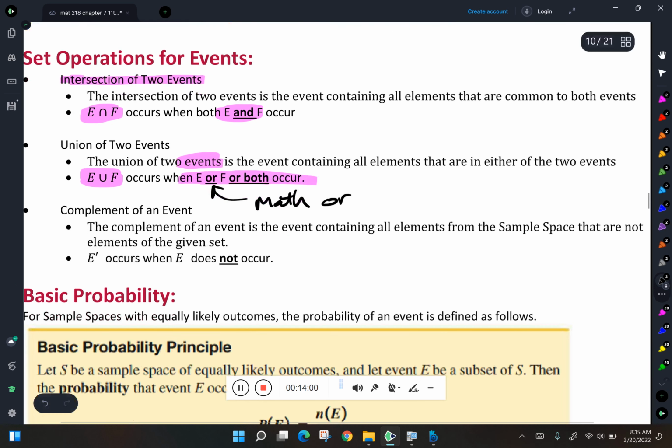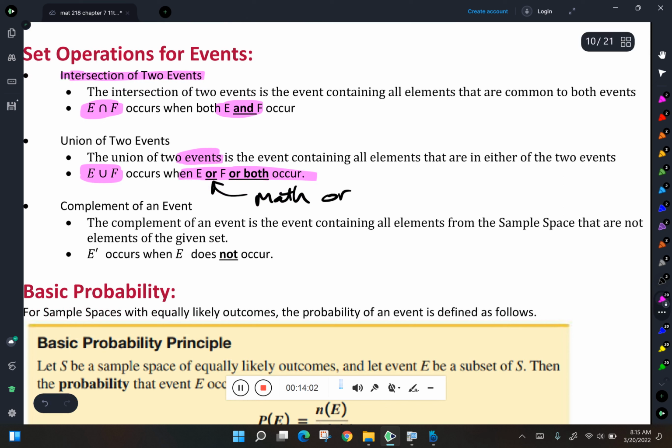Okay. And then the complement. I know what the complement means. It just means everything outside, but still in the universe. But here our universe is just our sample space. So then saying the complement of an event is just saying that E does not occur, right?